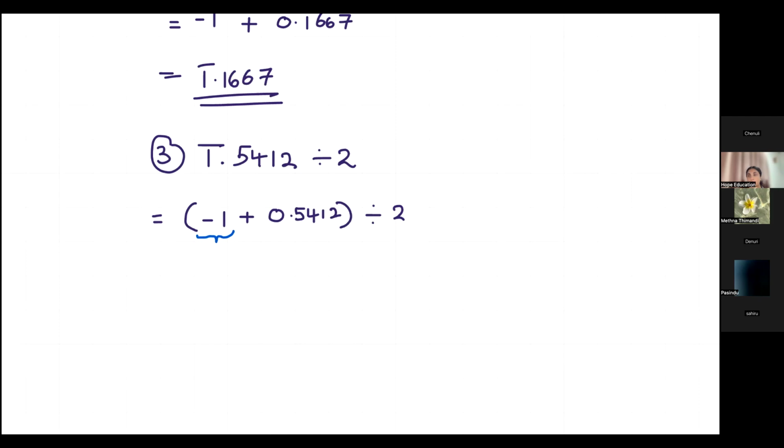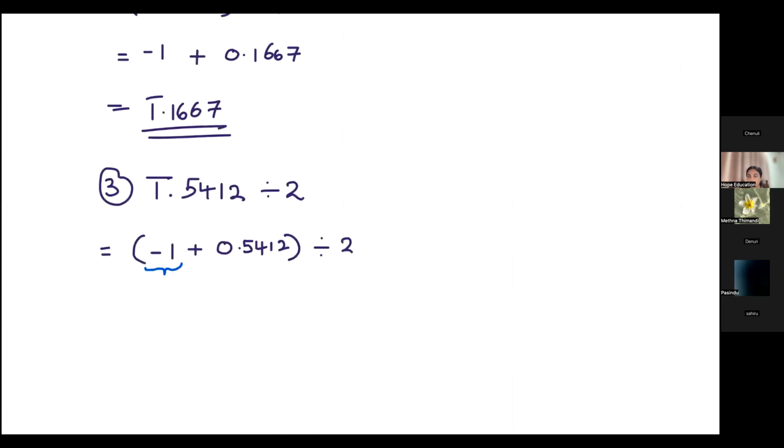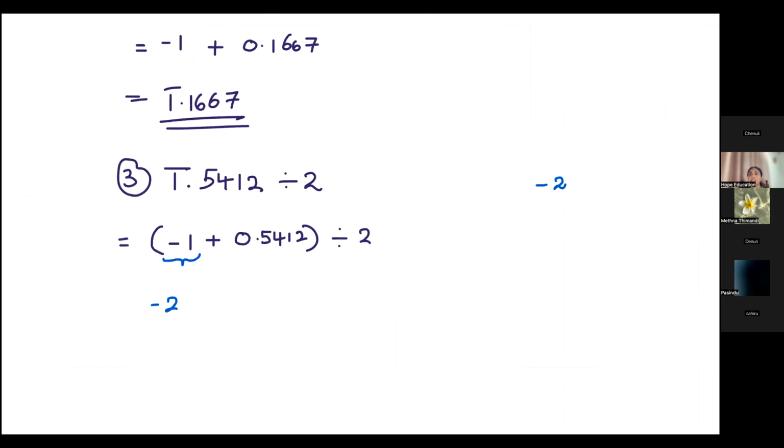So what I can do is, if there was minus 2 here, it would be perfectly divisible by 2. As I said, the negative characteristic should be perfectly divisible by the whole number. Here, minus 1 is not divisible by 2. However, if we had minus 2, that would have been perfectly divisible by 2.